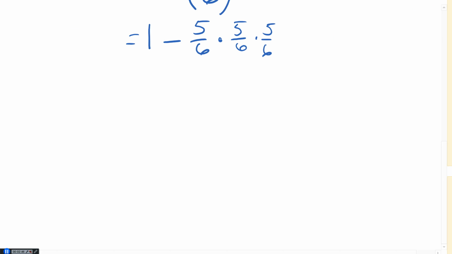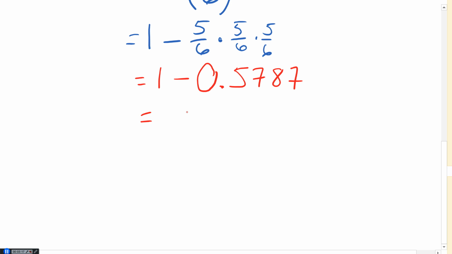Whenever I multiply these together, 5/6 times 5/6 times 5/6, you can either do it with your calculator and get a decimal, or you can do it using fractions, either way. But I did notice that this tells me to round to 4 decimal places. So when I multiply these 3 together, it gives me 0.5787. And I'm going to take that from 1.